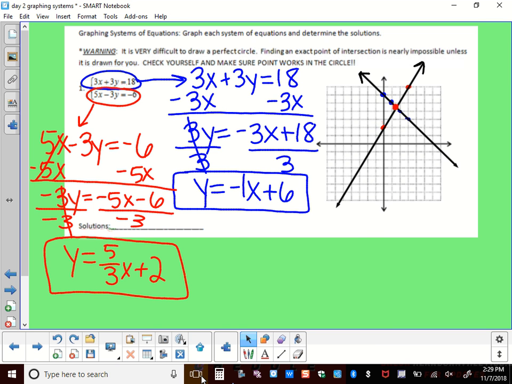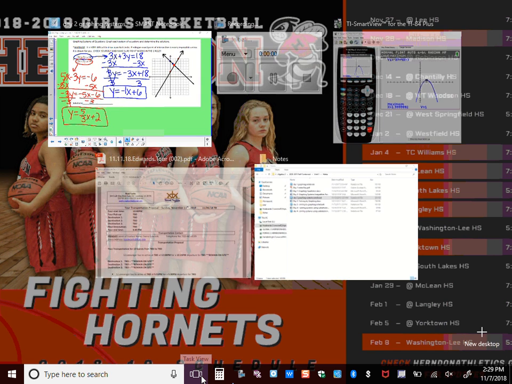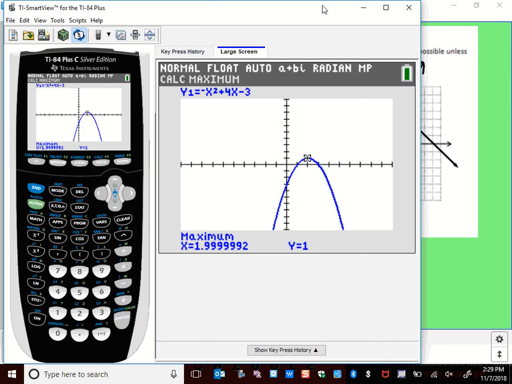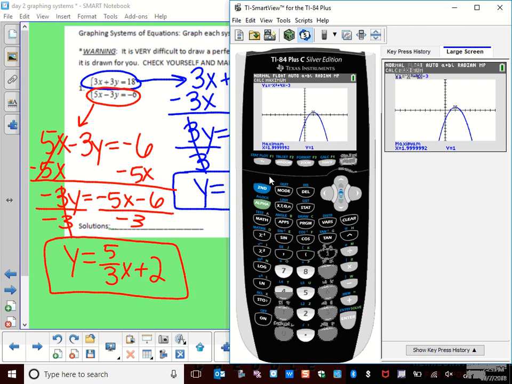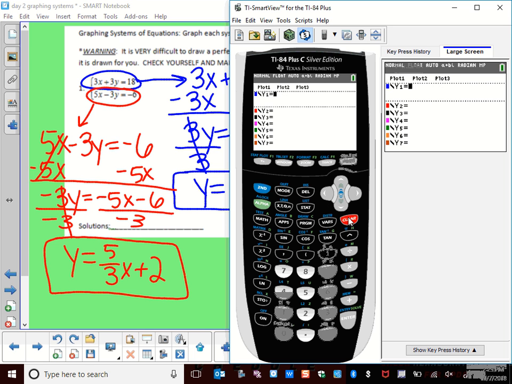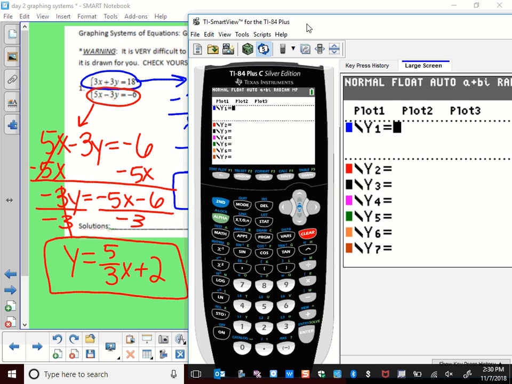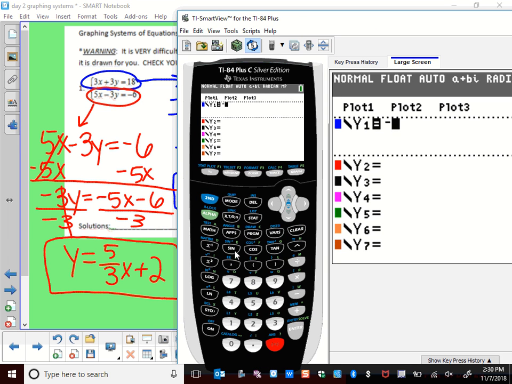All right, grab your calculators. We're going to talk about the solution. Go to your y equals and clear everything out. Ronaldo, stay with me. My first equation is negative 1x plus 6.